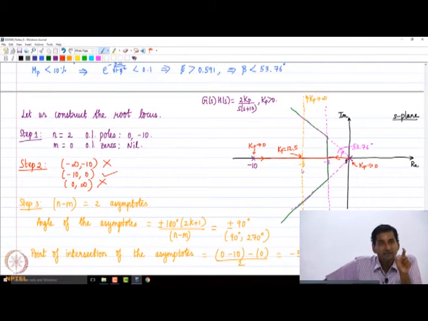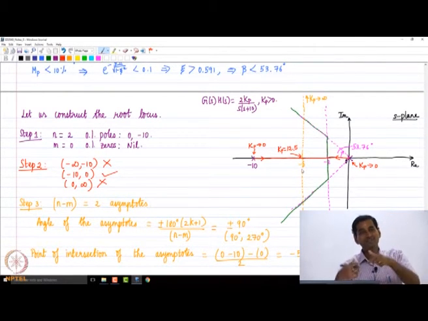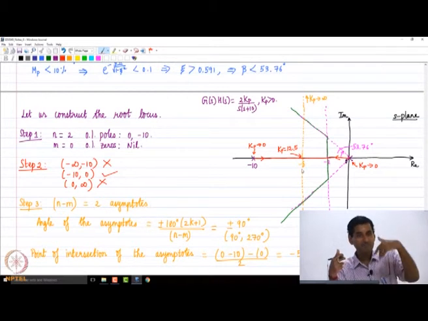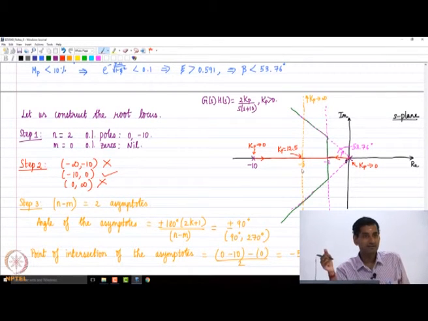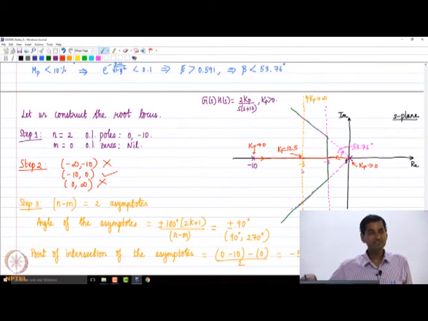But we need to remember one thing: if you have a complex root, the conjugate also must be a root. So we are talking about a very complex situation where you have branches intersecting in the complex plane and then going away. Let me construct an example for that and show it to you. Maybe I will construct a transfer function and give it to you, and you can use MATLAB to construct the root locus and see for yourself.